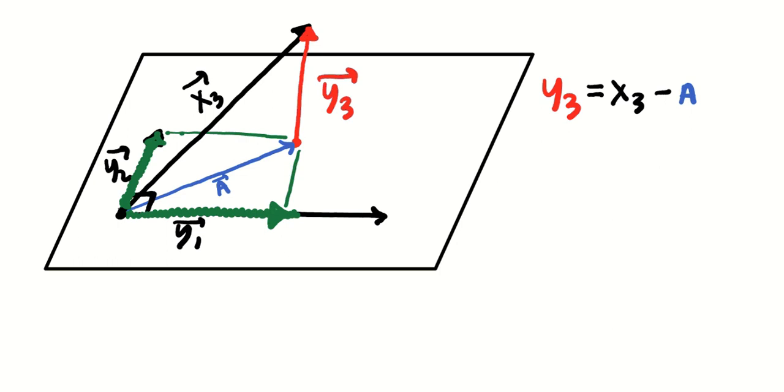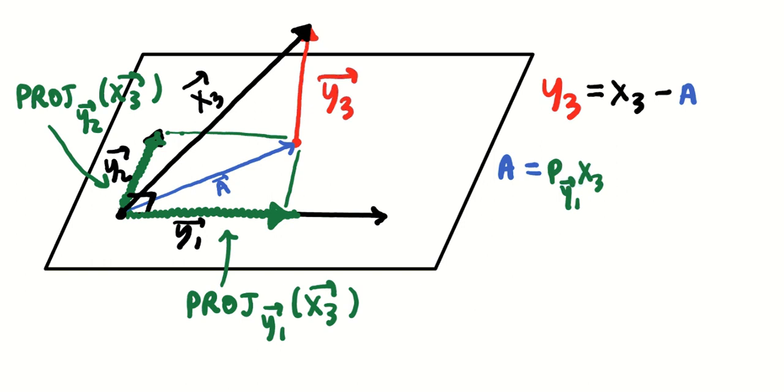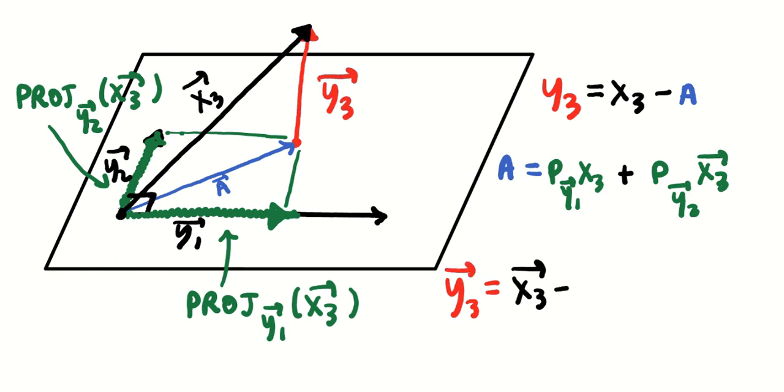So what I'm saying is that if I add the projection of x3 onto y1, again, add it to the projection of x3 onto y2, then I would have a equaling the first projection of x3 onto y1, forget my shorthand, and then I'm going to add the projection of x3 onto y2, and then my formula for y3 would be x3 minus the sum of these two projections.